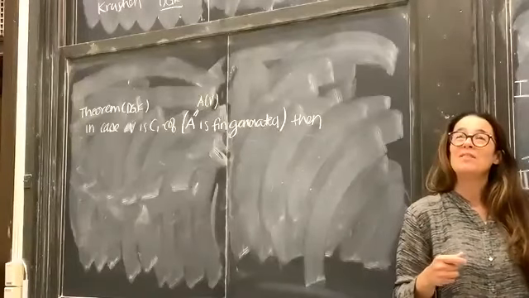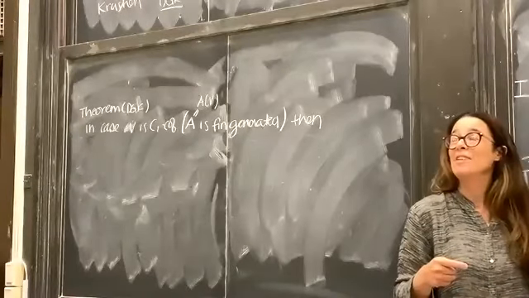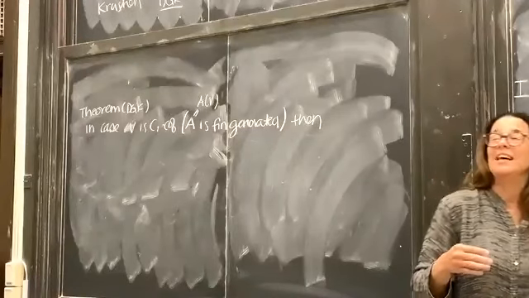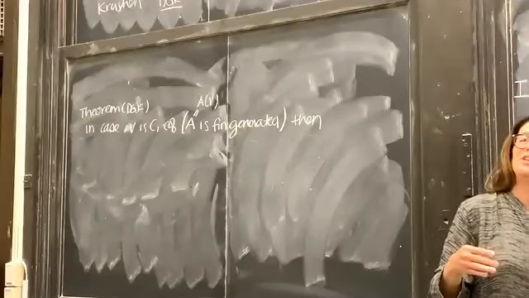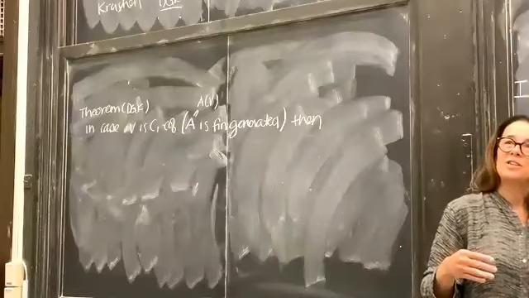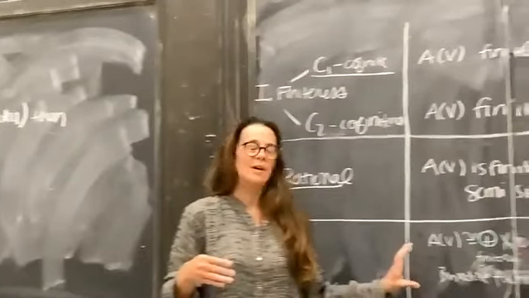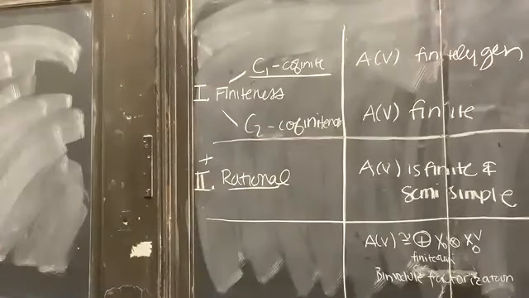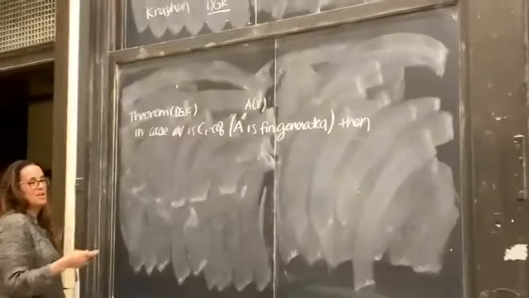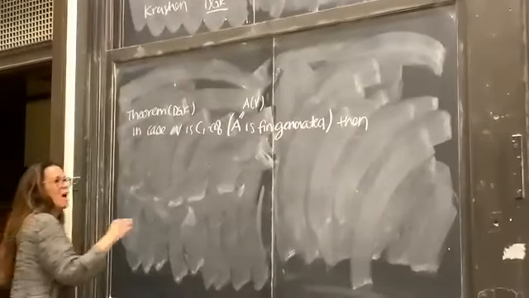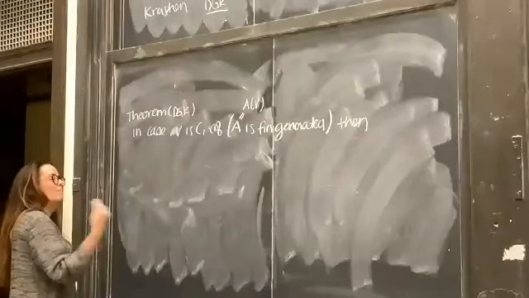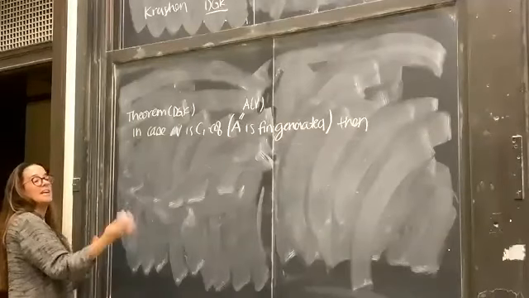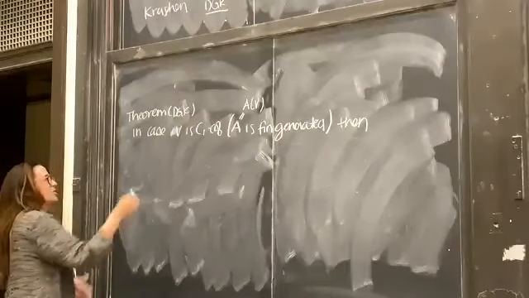So we have such a bimodule decomposition of an algebra as a finite sum of left and right A modules if and only if the algebra is finite and semi-simple. So if it's C1 cofinite, it doesn't necessarily have such a factorization decomposition, but it has a resolution by such factorizable bimodules.